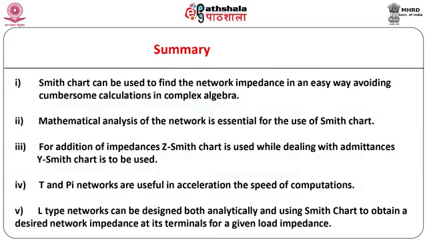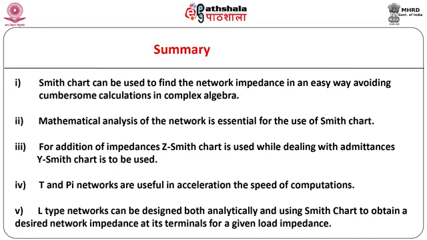Well friends, as a summary we can remember that the Smith chart is a very powerful tool to graphically estimate various types of transmission line quantities such as reflection coefficient, transmission coefficient, VSWR, etc. The Smith chart is generally an impedance chart.